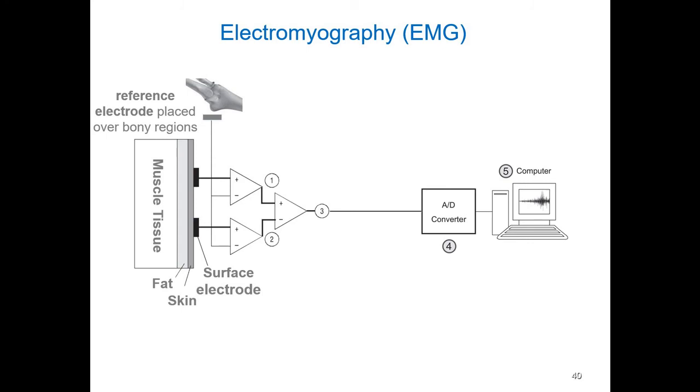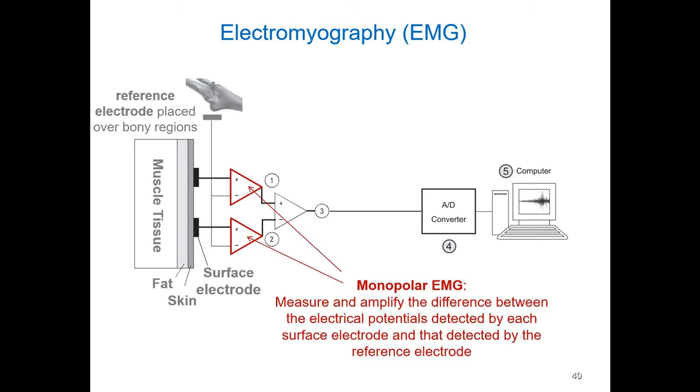We have 2 surface electrodes placed on the skin over a muscle belly of interest. We also have a reference electrode placed over a bony region on the body. These 3 electrodes are connected to electronics that are designed to measure the electrical activity. The first part of the electronics is referred to as monopolar EMG.